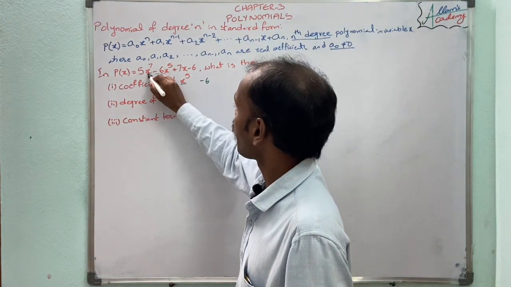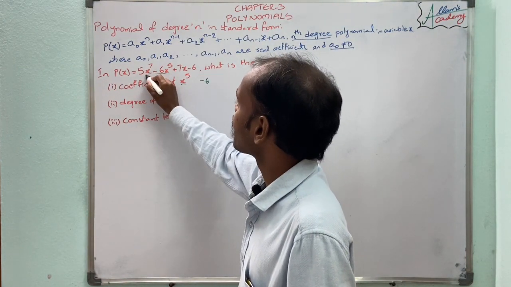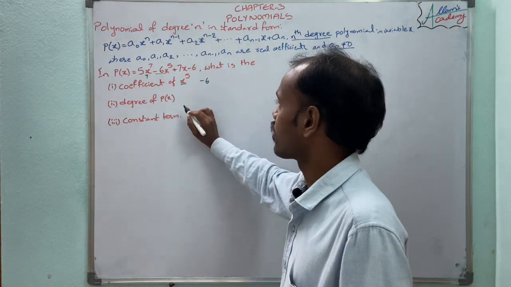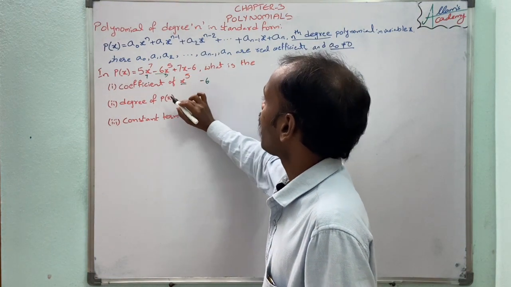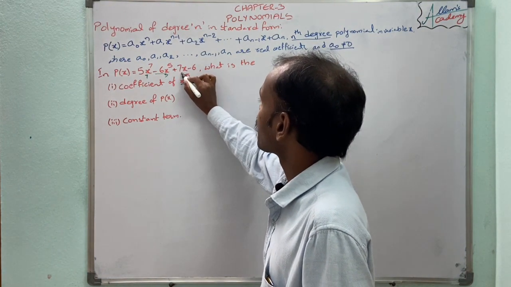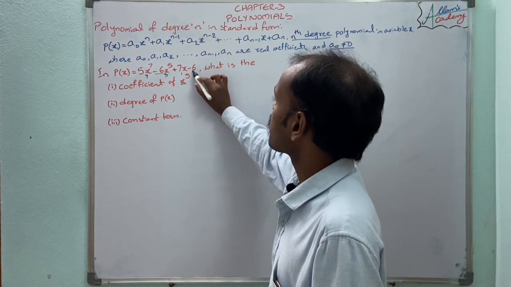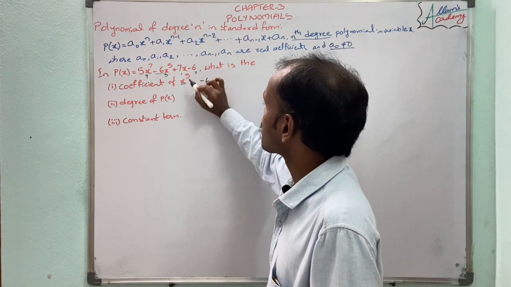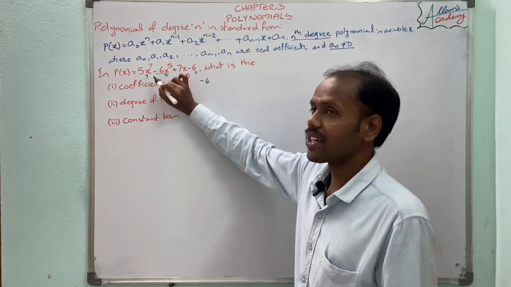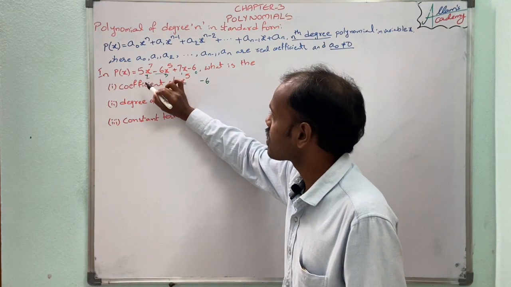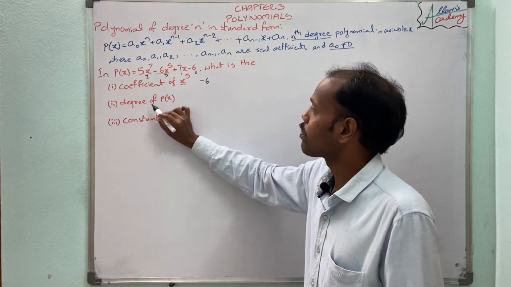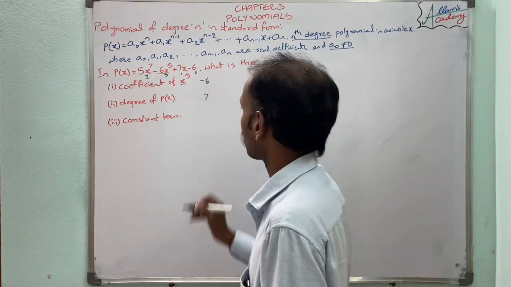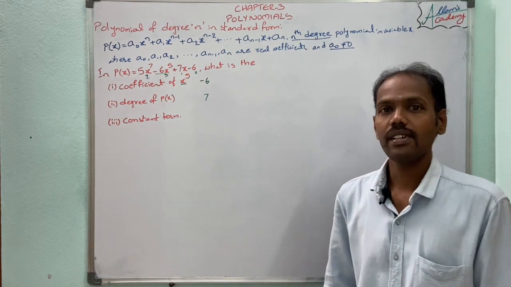The first term, 5x power 7, has degree 7; the second term, minus 6x power 5, has degree 5; 7x has degree 1; and minus 6 is a constant term, so its degree is 0. Among all these degrees the highest is 7. So the degree of p of x is 7.